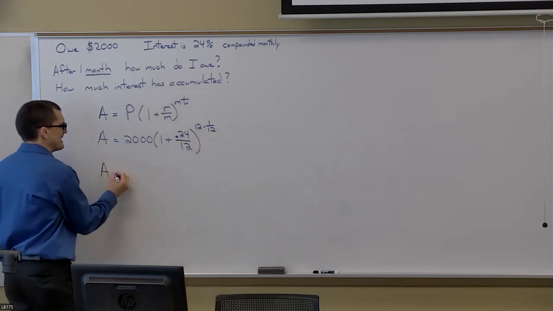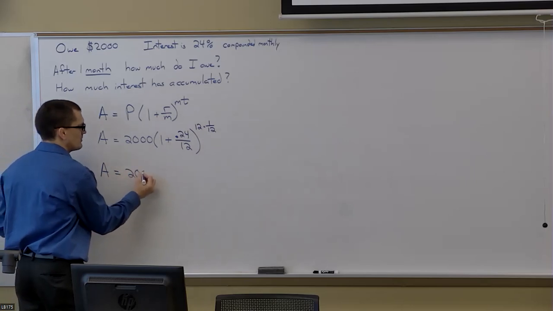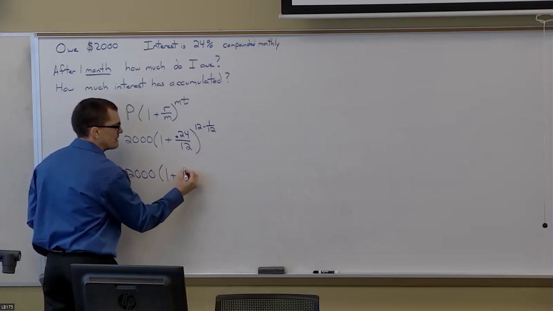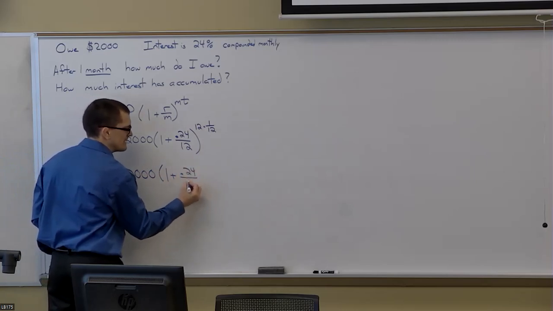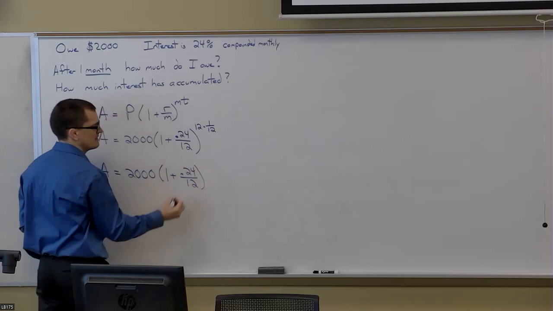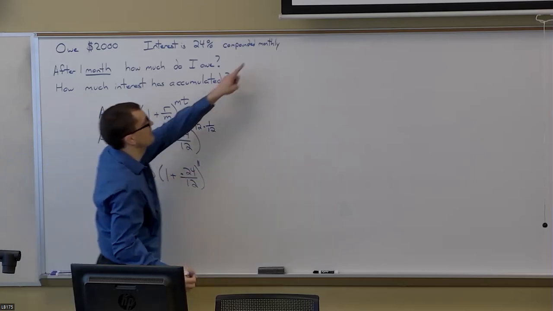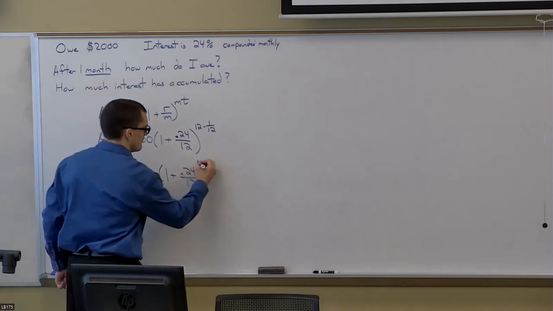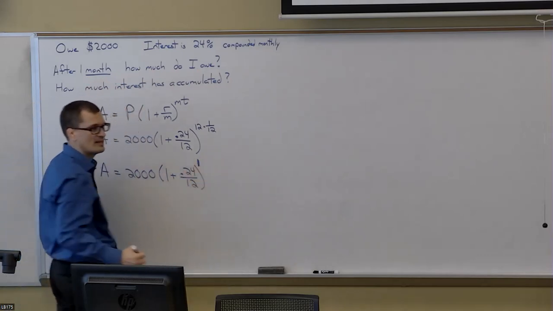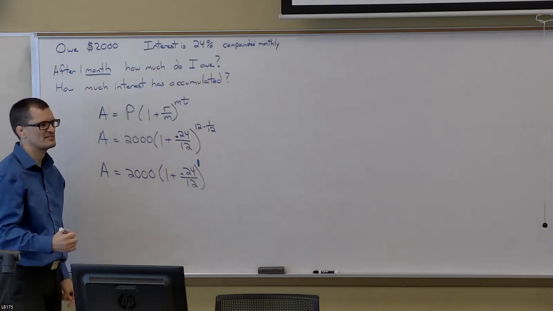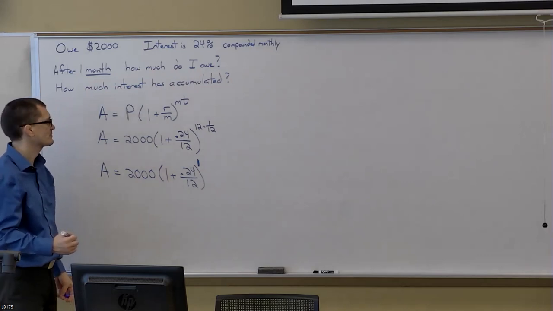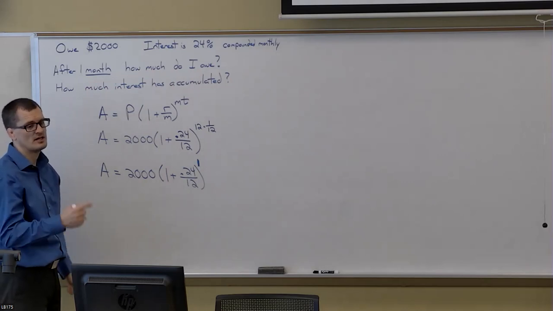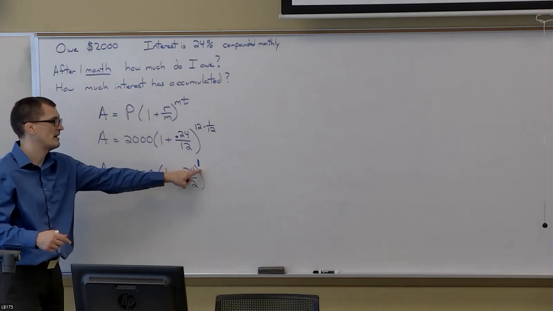It's probably easier thought of though by just saying, how many compounding periods do I have? Well, if it's compounding monthly for a month, there's only one compounding period. Does that make sense? So if you're compounding monthly for a month, there's only one compounding period.